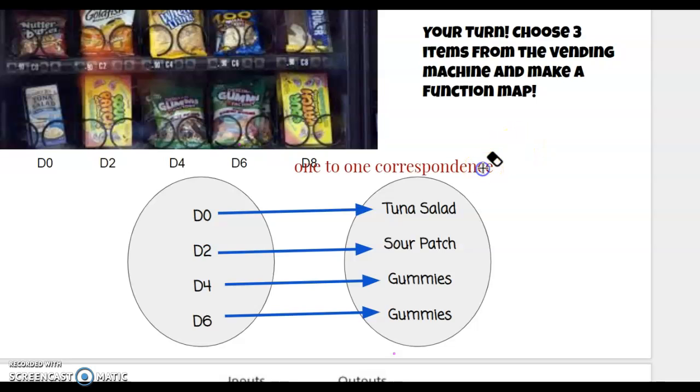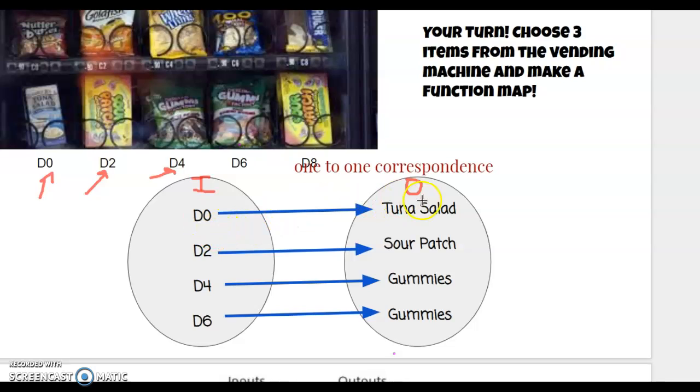So if we look at this first picture of this vending machine, we have our input values, and our input values are going to be the codes that we put into our vending machine, and those are written here. I'm just going to put an I above this because this would be our inputs. Notice we have D0, D2, D4, D6. Now remember, our output value is always written on the right side of our ovals, and the arrow will connect each input to each output that we would receive.